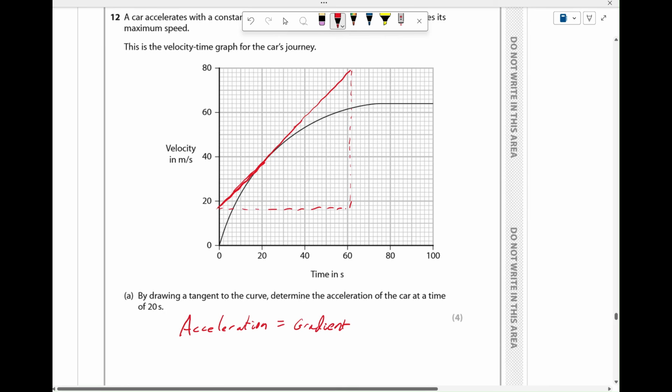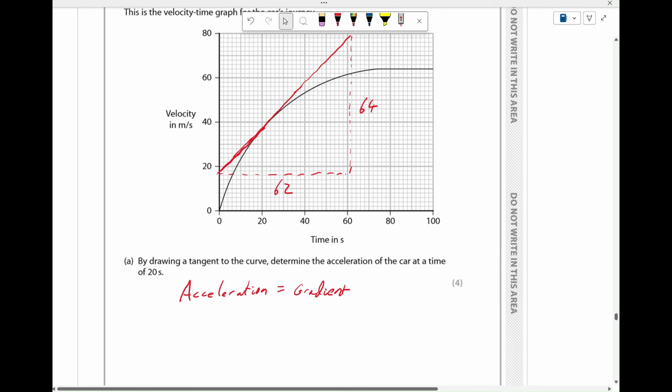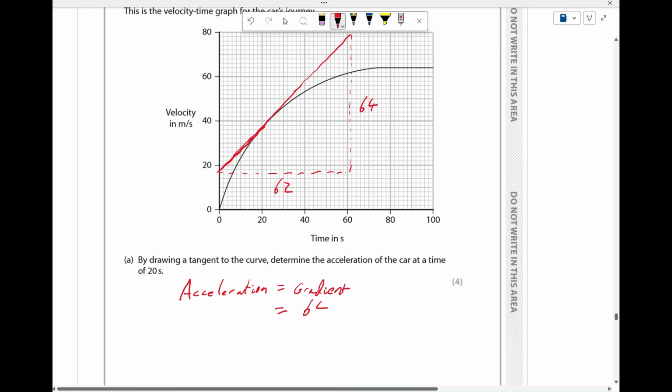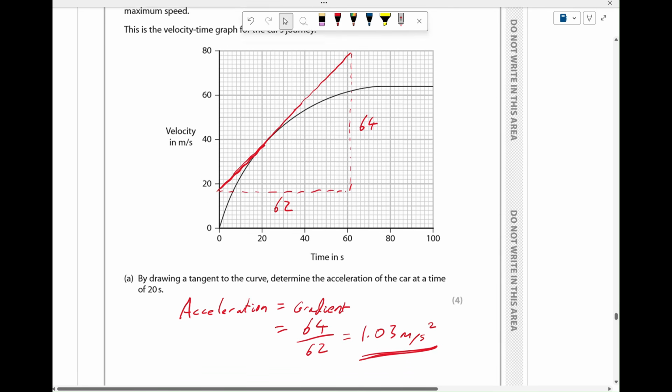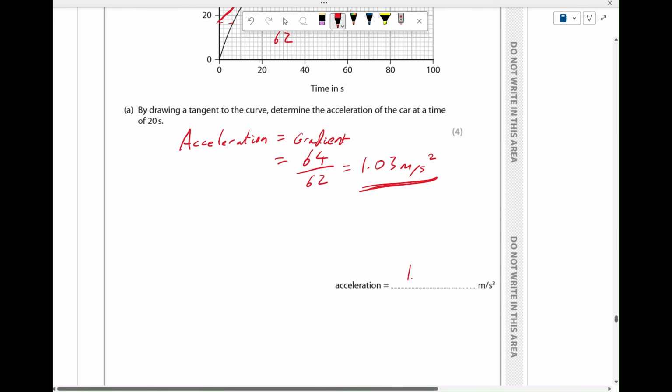We have a rise of 64, and we have a run of 62. So we have a rise over run of 64 divided by 62, just over 1.03, something like that. 1.03 meters per second squared. I wouldn't be surprised if I've done that slightly wrong. Hopefully you've done that with a ruler and it's a bit better than I've done it there.